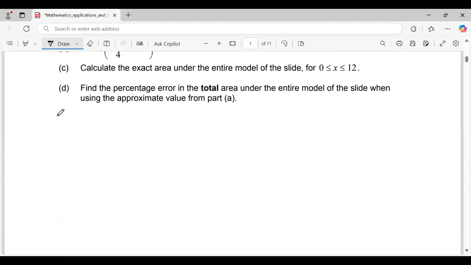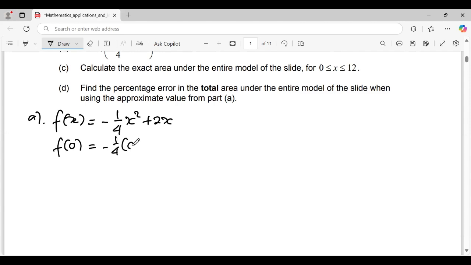So f(x), according to the information, the function is minus 1/4 x squared plus 2x. If x equals 0, it is minus 1/4 times 0 plus 2 times 0, which is 0.